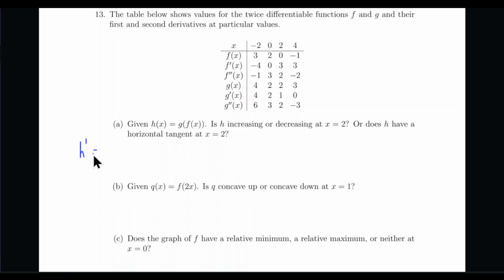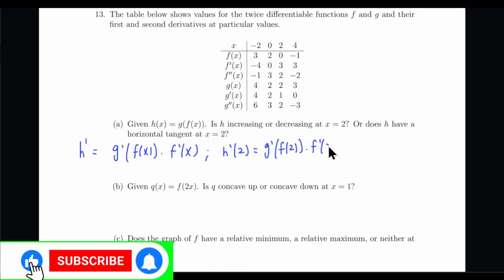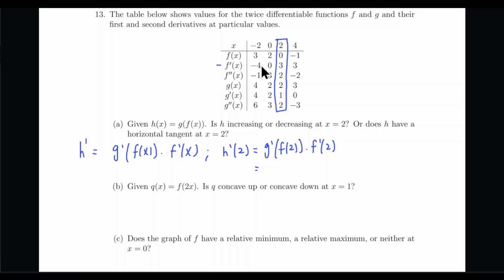So h prime is going to be g prime of f of x times f prime of x. I need to find it at 2, so h prime of 2 will be equal to g prime of f of 2 times f prime of 2. Okay, what is f prime of 2? This is the 2 row, and this is the f prime row, so it is 3.